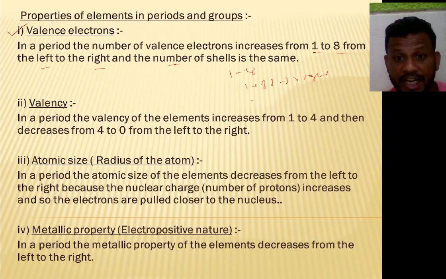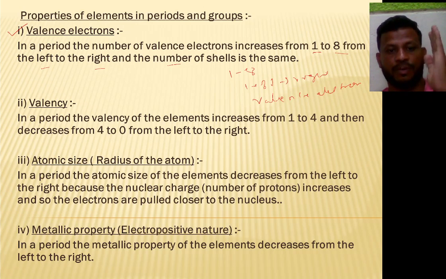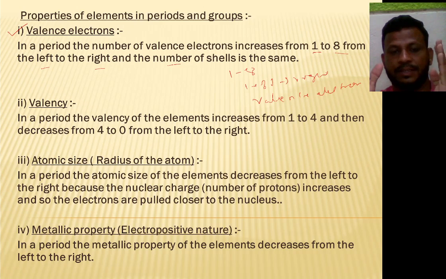Look here, from left to right in the periodic table, there is an increase in the valence electrons from 1 to 8.